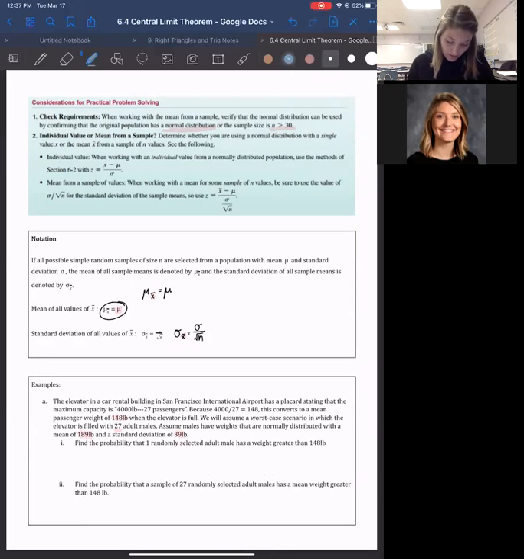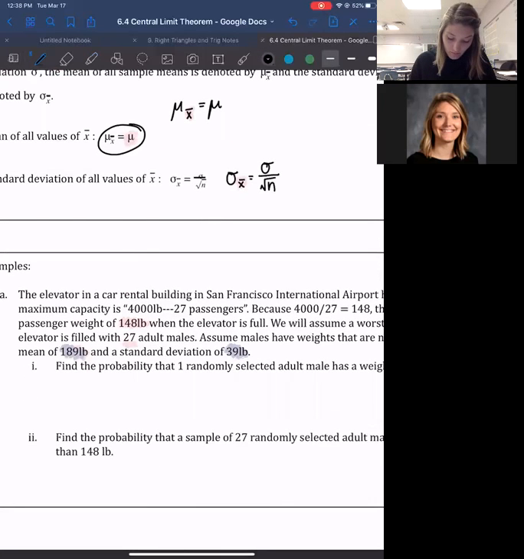I'm going to actually make these two different colors here. Okay, so find the probability that one randomly selected adult male has a weight greater than 148. So this goes back to just the normal distribution. We're just talking about one person here. So remember, we centered ourselves at the mean, which in this case is 189, and then there's a standard deviation of 39.